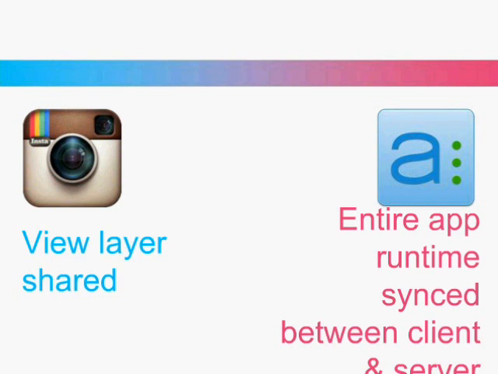I can't dive too deep right now for time, but basically, as you click around in the app, a bunch of JavaScript will execute on the client side. There's views and there's models that will all be executed. And on the server side, it syncs, and it will execute the exact same views and models on the server side. One of the reasons is it can replicate state exactly between client and server. So most apps are stateless, right?